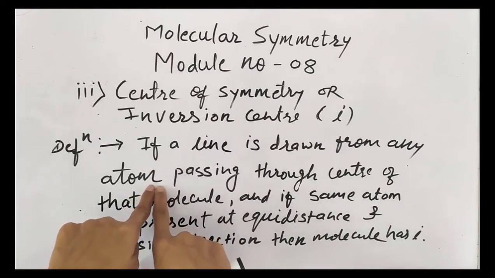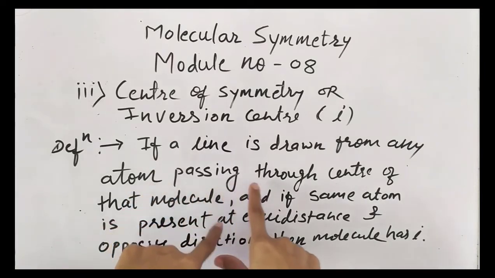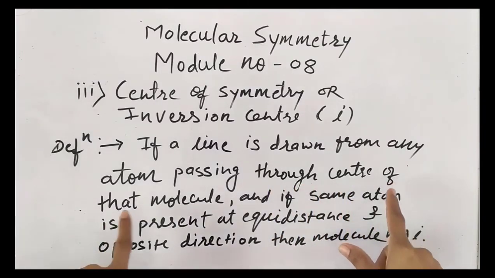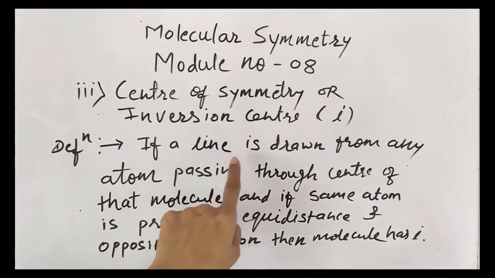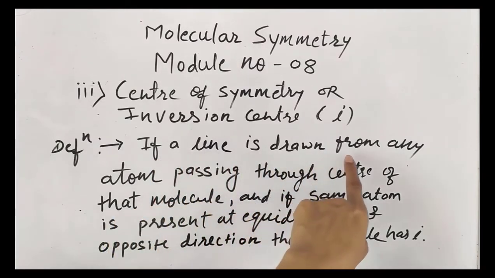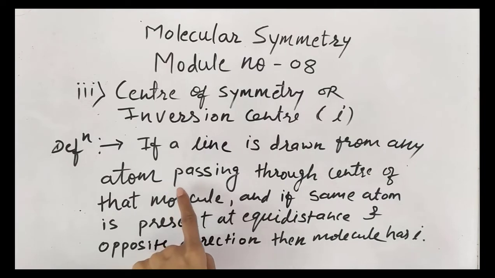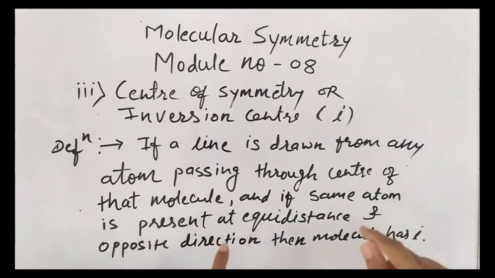But how do we have to draw a line? It should pass through the center of that molecule. If a line is drawn from any atom passing through the center of the molecule, and if the same atom is present at equidistance but in the opposite direction, then the molecule is said to possess the i symmetry element.